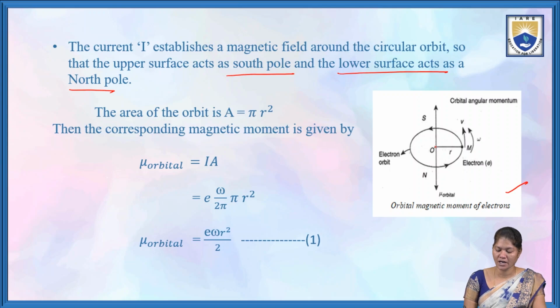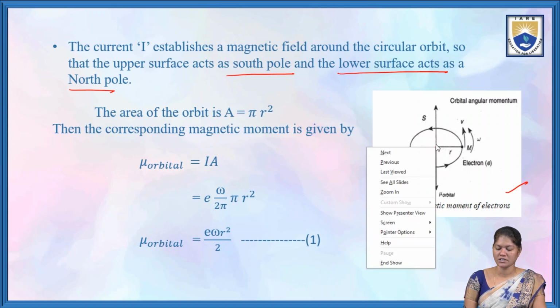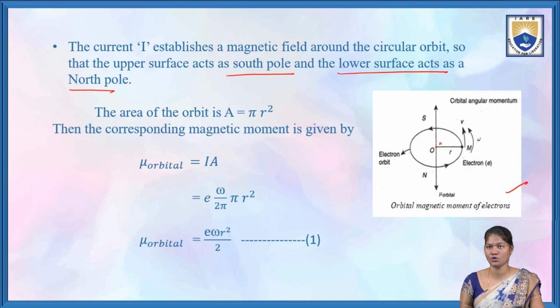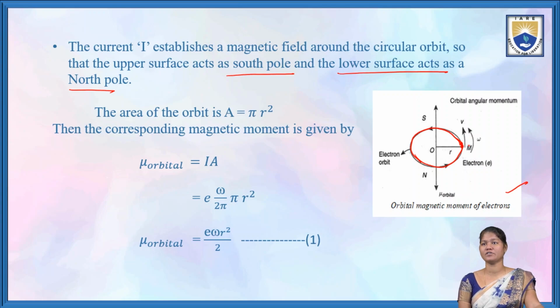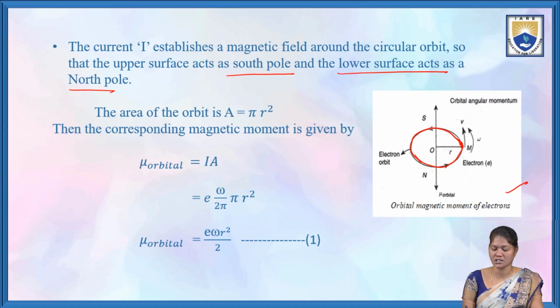Here, at the place of O, there is a nucleus, and here is the electron. This electron is revolving in a circular orbit, and the direction of the electron motion is anti-clockwise.